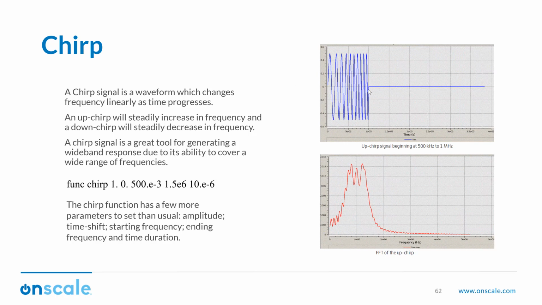As you can see, the wavelength at the beginning is longer, and the frequency decreases as time goes along. So this is what's called a chirp, and you have the FFT on that as well.